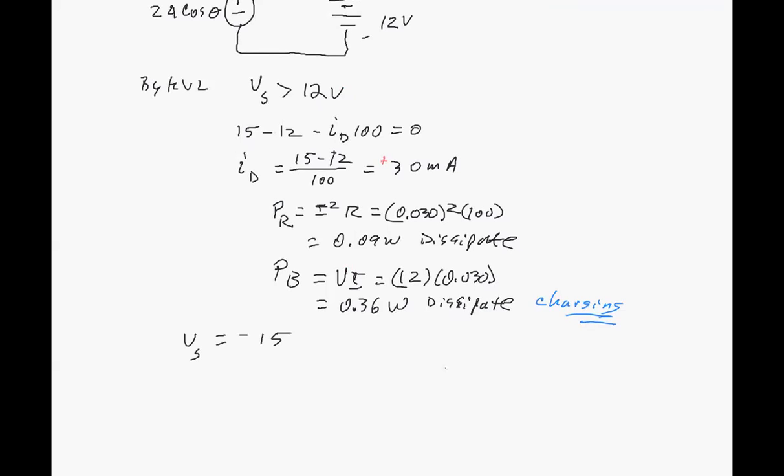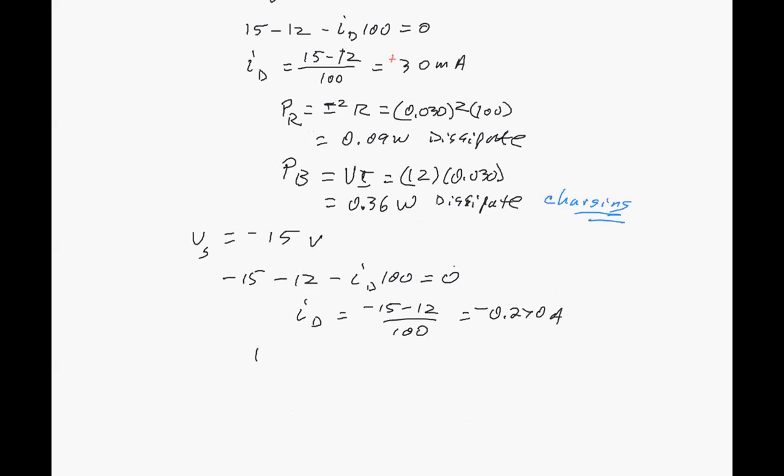When Vs, the source, is minus 15 volts, now this same KVL equation works out to minus 15 minus 12 minus ID times 100 sums up to 0. Or we could say that ID is now minus 15 minus 12 over 100. And that's minus 27 over 100, or minus 0.270 amps.